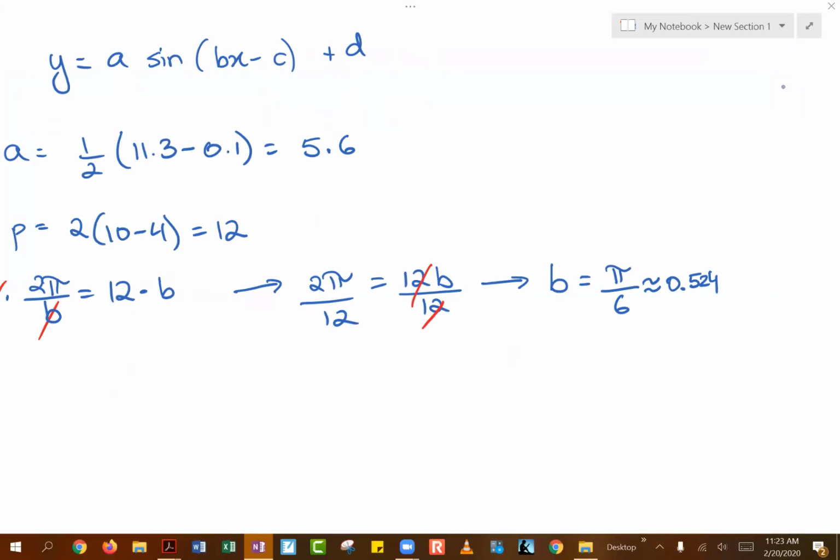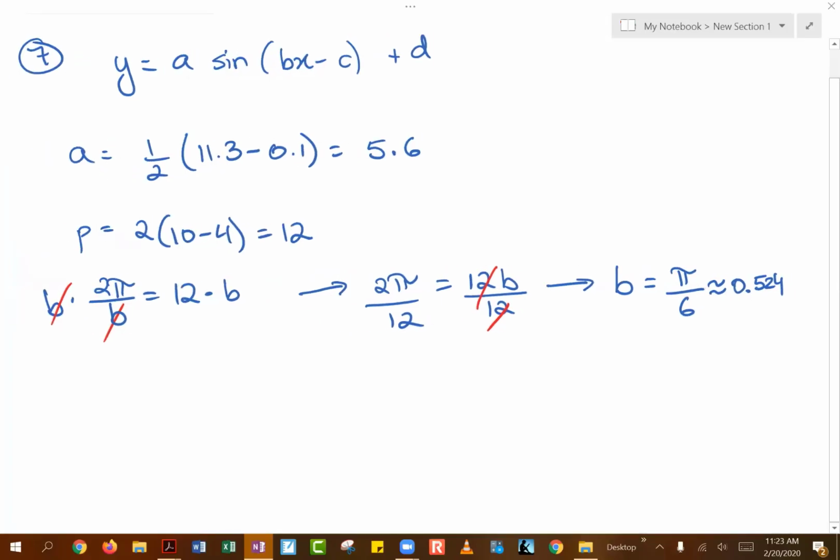Now, how would we find the C variable? That's the one you're having a problem with? Okay. Find the maximum and then C divided by B equals 4.